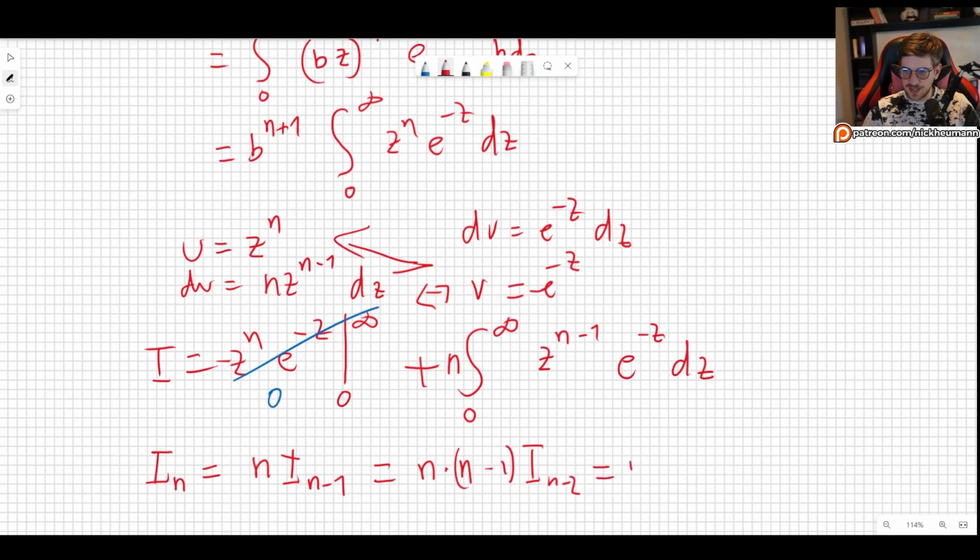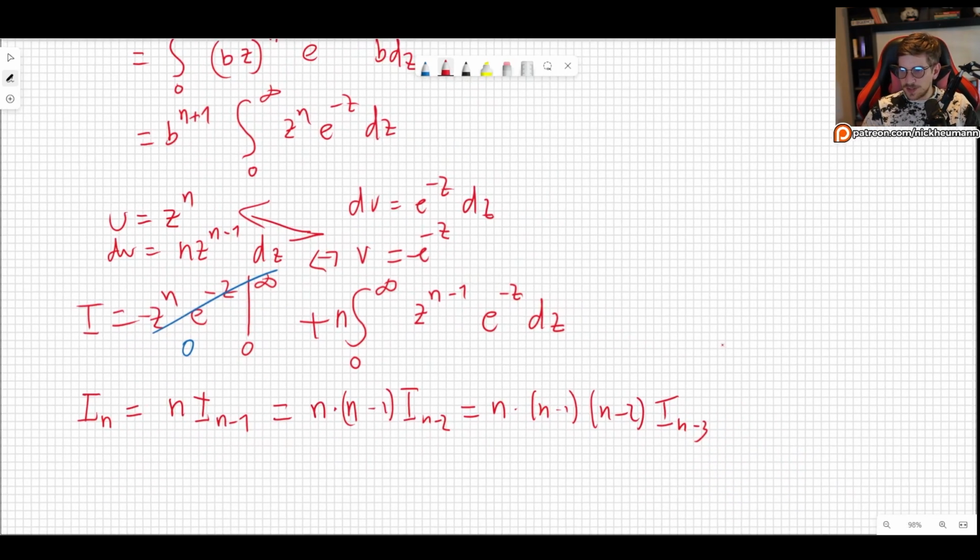And if we do it again, n times n minus 1 times n minus 2 times I of n minus 3. Sorry, I missed multiplying by n minus 2. So we go like this all the way until we reach 1, until we only integrate e to the minus z. The base case is going to be when we run out, I0, maybe let's call it.